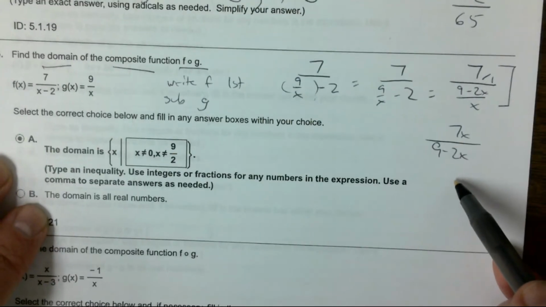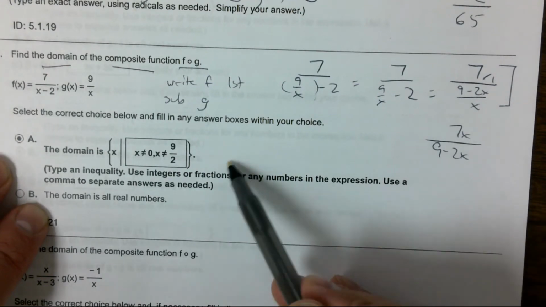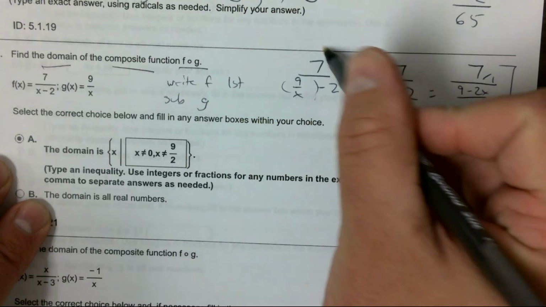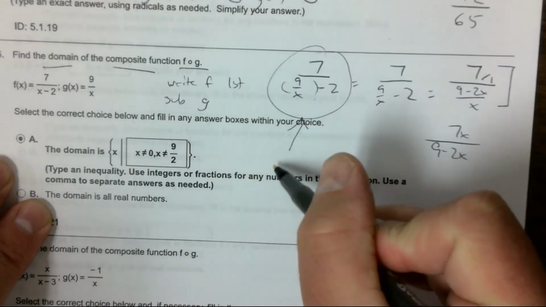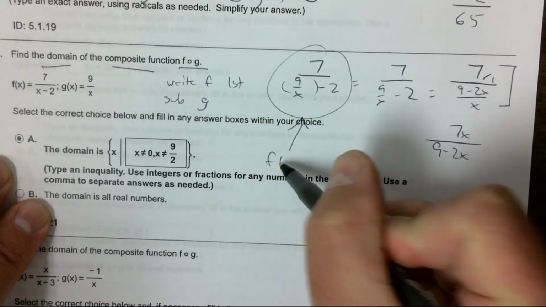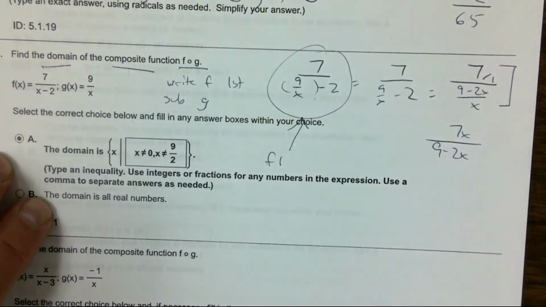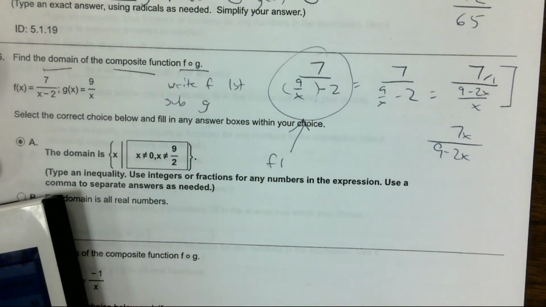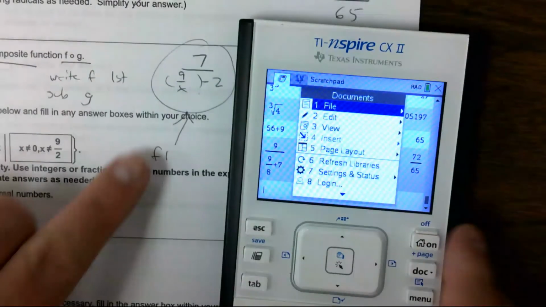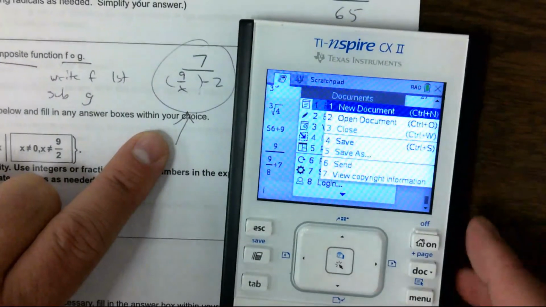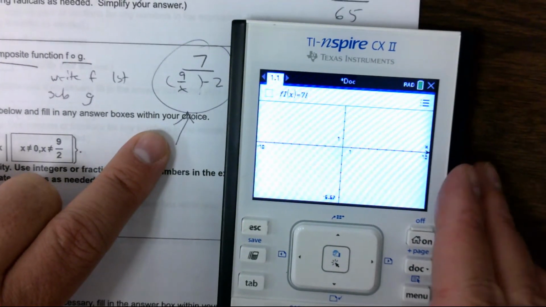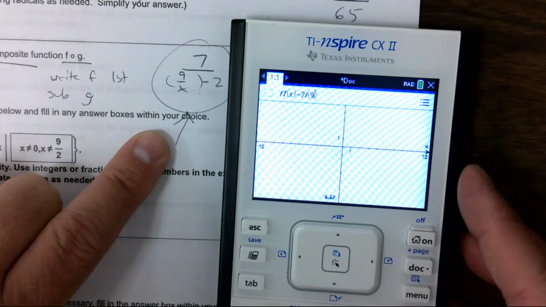Now, what are we doing though? We're doing domain, and so we don't really need that. All we need is to use the calculator and put that into F1. Then find where our asymptotes are. Seven over parentheses 9 over x minus 2.